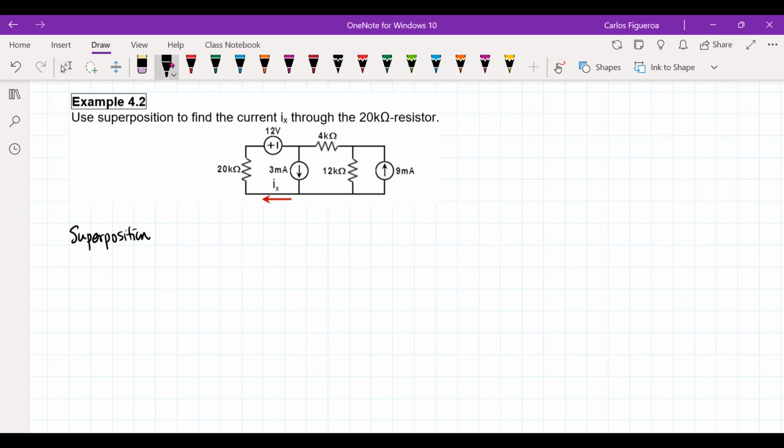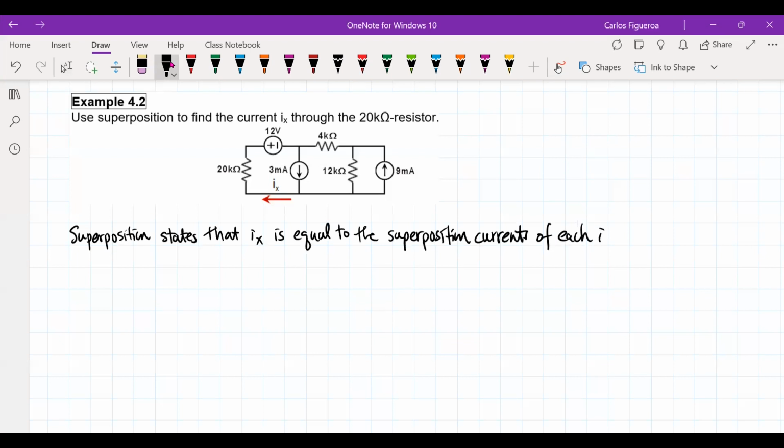Superposition states that Ix is equal to the superposition current of each individual source through the 20K.